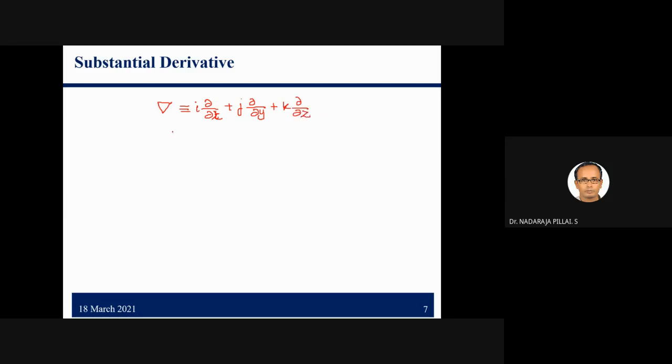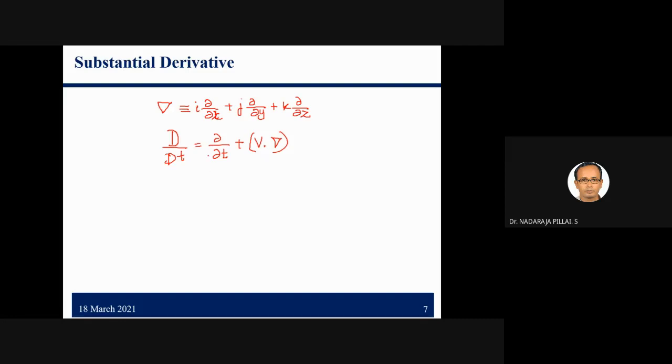Now, finally, we can write the equation D by Dt is equal to dou by dou t plus V dot del. Right?